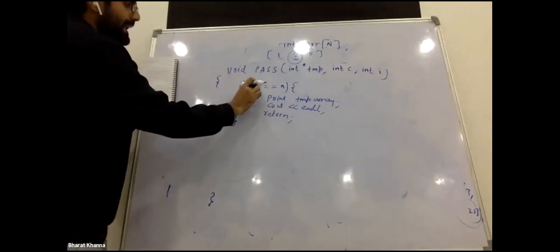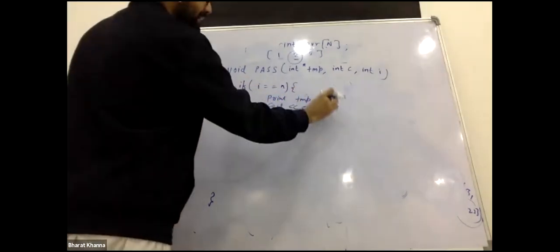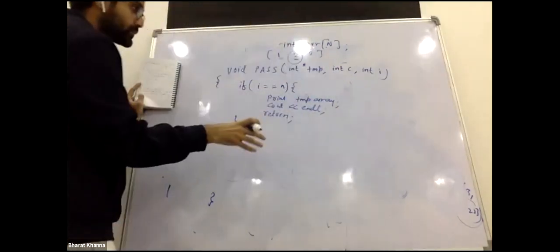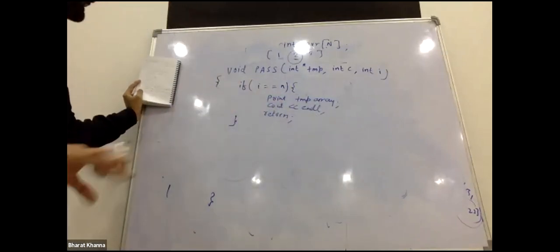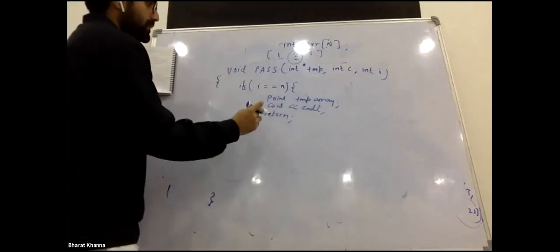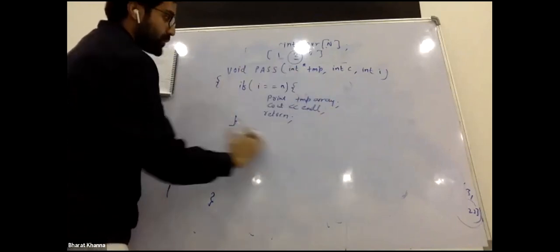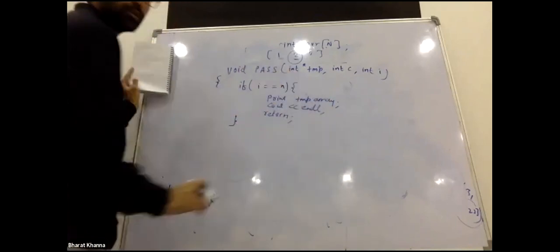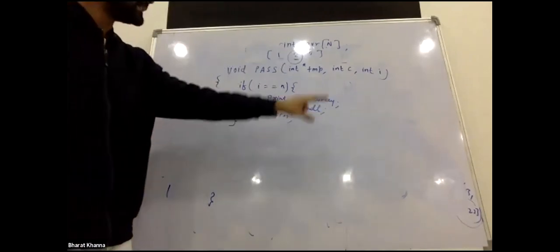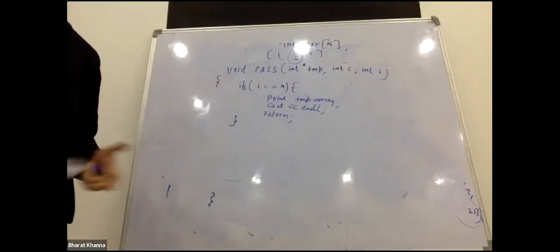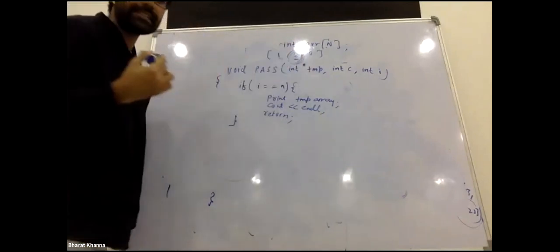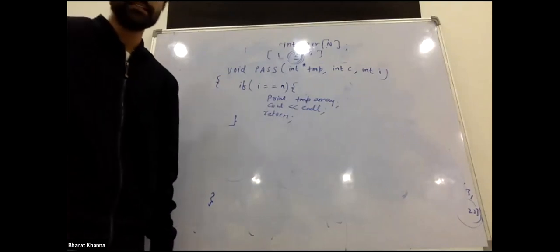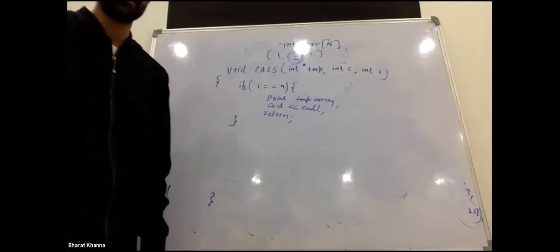So when I have reached the termination condition, I'll print my temporary array, which is my subarray so far, then print a new line and then return. So basically I'm terminated, I'm done. If this condition was not true, what would that have meant? Can somebody tell me? It would have meant that I am at a particular index for which I am yet to decide, either to choose it or not to choose it.